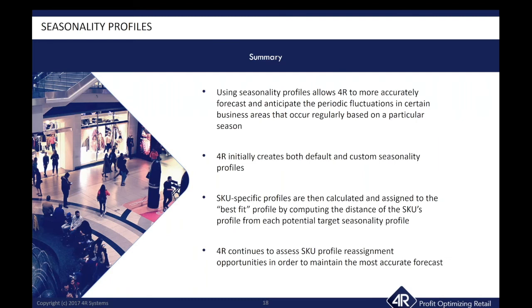So in summary, using seasonality profiles allows 4R to more accurately forecast and anticipate the periodic fluctuations in certain business areas that occur regularly based on a particular season. 4R initially creates both default and custom seasonality profiles, and then calculates SKU-specific profiles, and then assigns each to the best fit profile by computing the distance of the SKU's profile from each potential target seasonality profile.